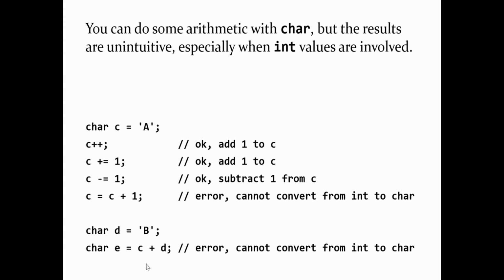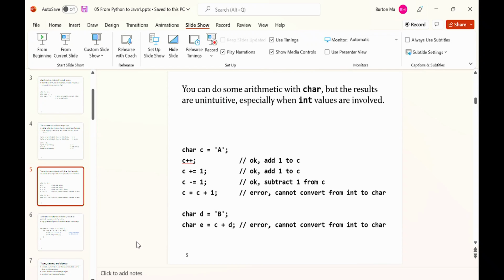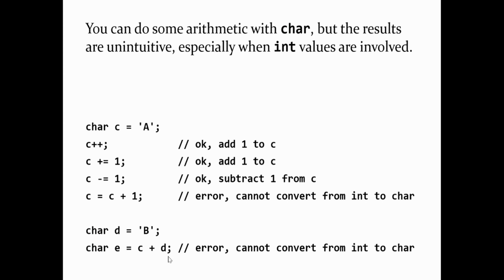This is just the way the language works. So you end up with an int value on the right-hand side, and you cannot store an int value in a char variable, because int is wider than char. So you have to watch out for that if this ever happens to you.